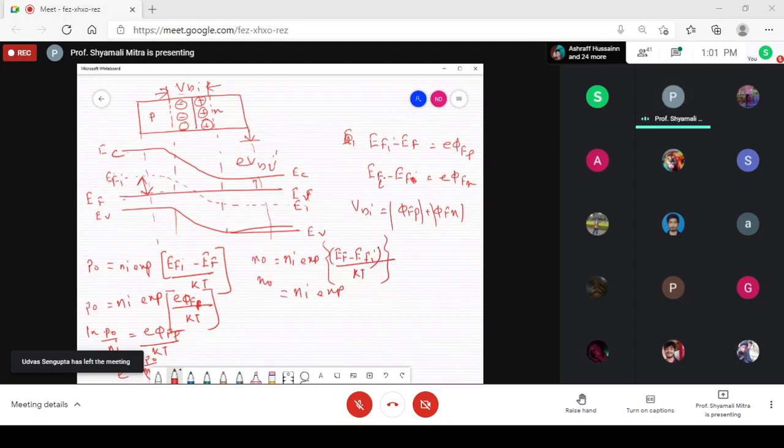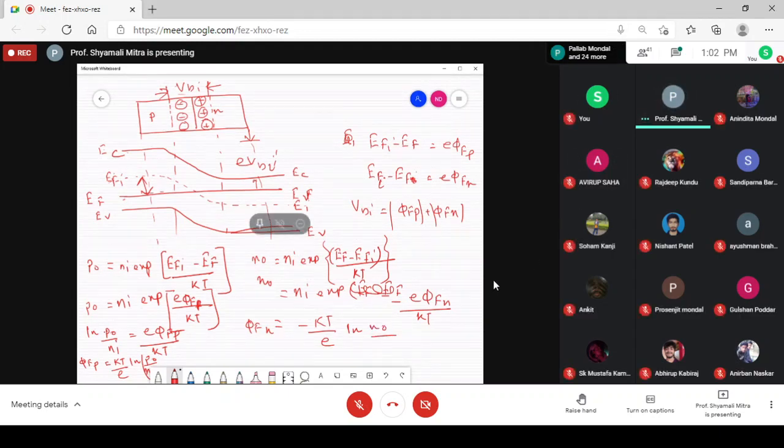EXP, EF minus EFI, which is nothing but EXP minus of E phi n divided by KT, which is phi of Fn is equal to, this minus gets over here, KT by E ln N0 by Ni.